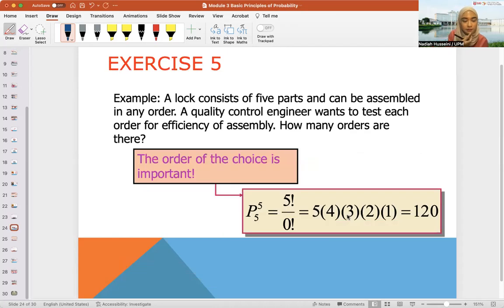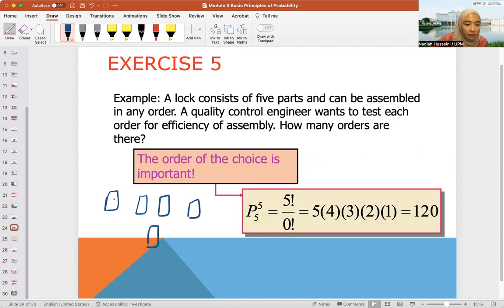Okay, next exercise. A log consists of 5 parts. You have like 5 parts. I'm just drawing this at random; your log doesn't necessarily have to look like this. There's 5 parts, and it should be assembled with the 5 parts. So a quality control engineer wants to test each order for efficiency of assembly.